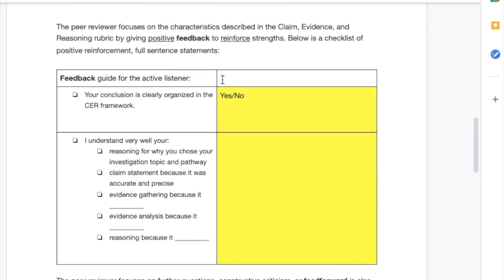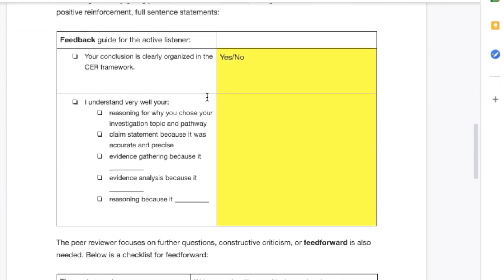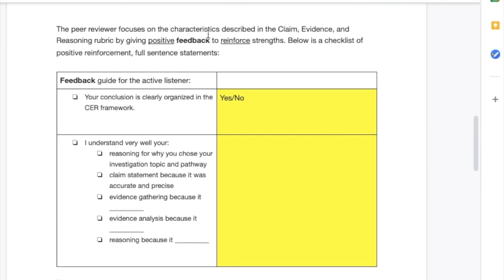So then, after they've presented their CER, their scientific conclusion about their crime scene, what happened, they're going to share maybe photos or crime scene sketches of their scene, and they're going to share their CER. When I've finished the orange, my job as an evaluator is to give feedback to reinforce their strengths. So first of all, did they organize their conclusion into the CER framework? Yes. Okay, I'll just bold that.